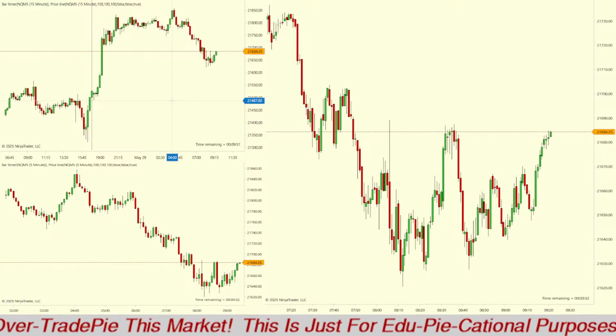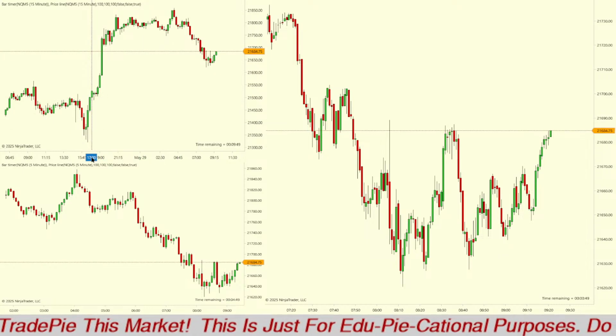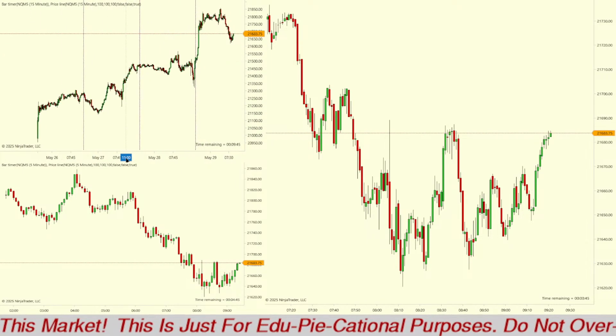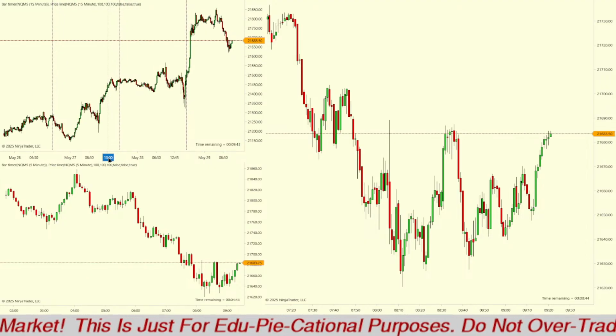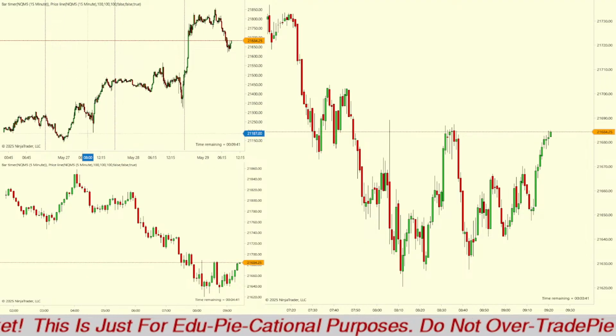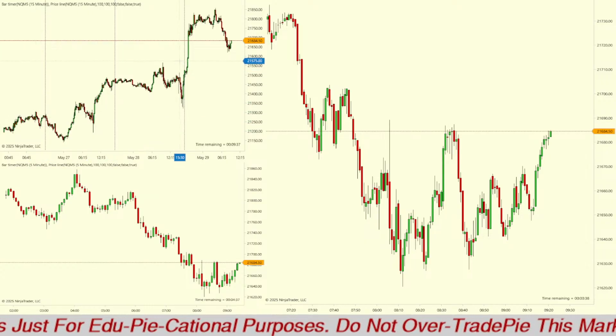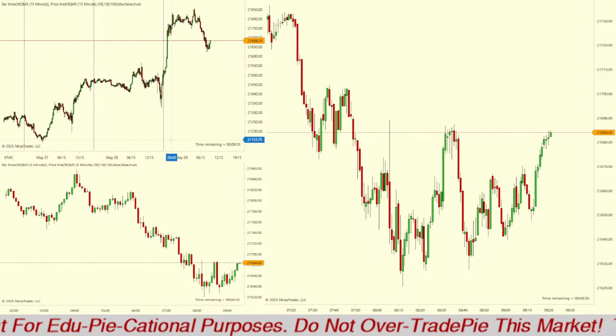So I would like to jump into the 15-minute chart and do a little bit of analysis. As you can see, we were going higher the entire week since Monday, and today is Thursday.